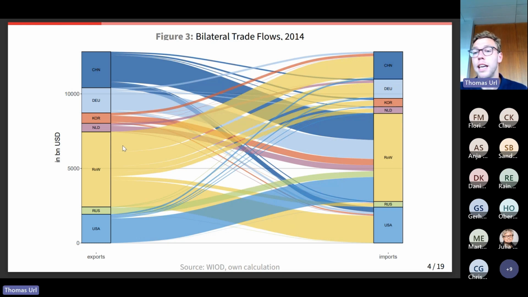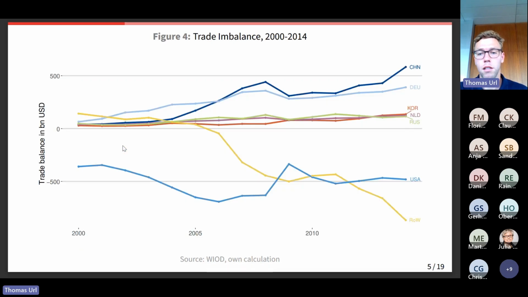Again, when we look at the panel, there's a little more movement than for the embodied emissions, but the United States is persistently the single country with the largest trade deficit over time, and China overtook Germany around 2007 as the country with the biggest trade surplus.